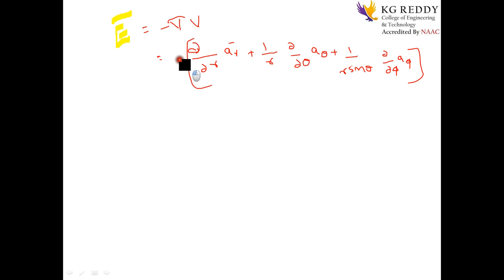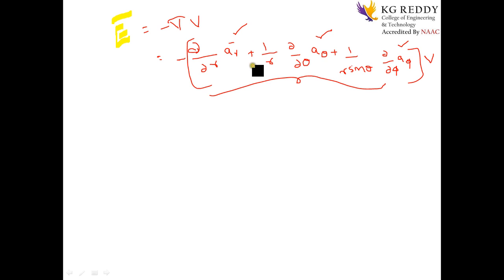This is minus, and V is a scalar which I am writing directly here. This is the representation of the del operator, written in the spherical coordinate system.